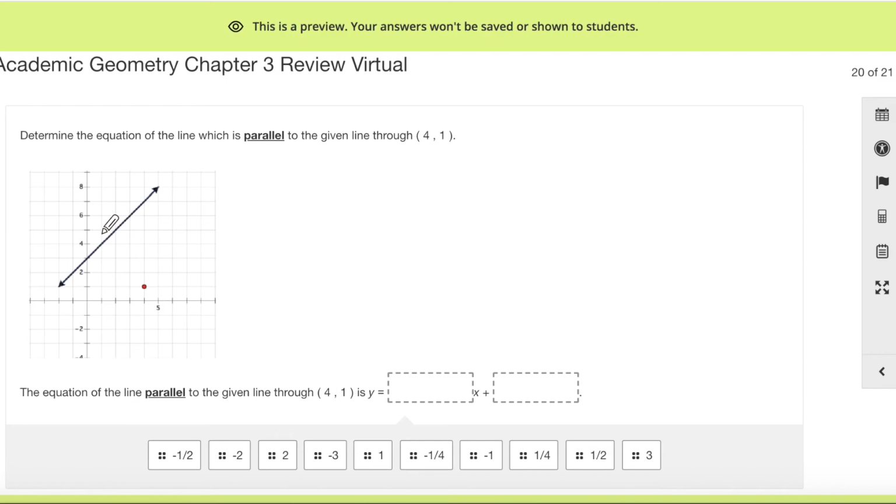This one here, they didn't provide the dots. We can put the dots on here though. It looks like we have one there, here. We have dots all these places here. So this slope is going to be a positive because it's going in that direction. Okay, rise over run is a 1 over a 1. This point here is 4, 1. They provide it right there. So I'm going to plug it into point slope form.